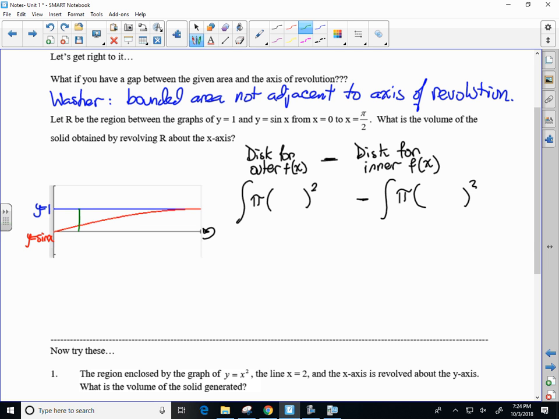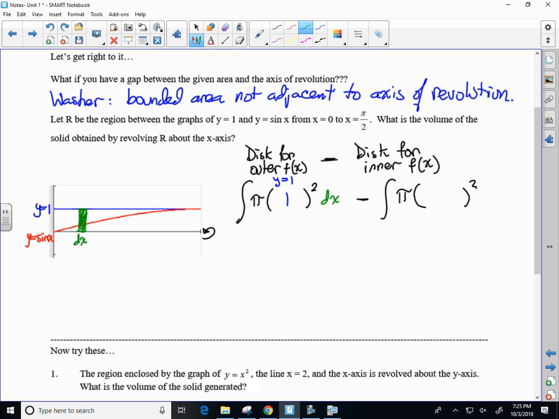So we'll look at the outer function. Just the line y equals 1, that's nice. I'm going to create my arbitrary rectangle going from the axis out to the function. That arbitrary rectangle is going to have a thickness dx. The function itself is y equals 1, so I'm just going to put the number 1 in there. All right, that's the outer function, y equals 1.